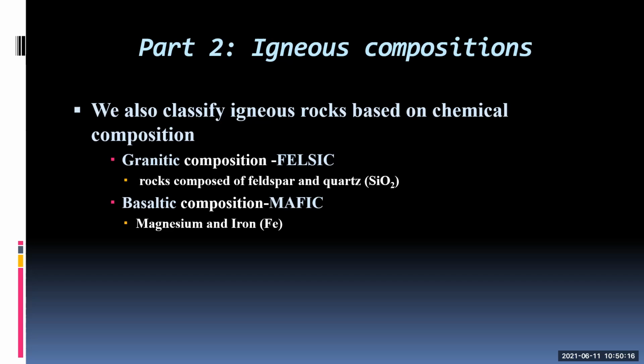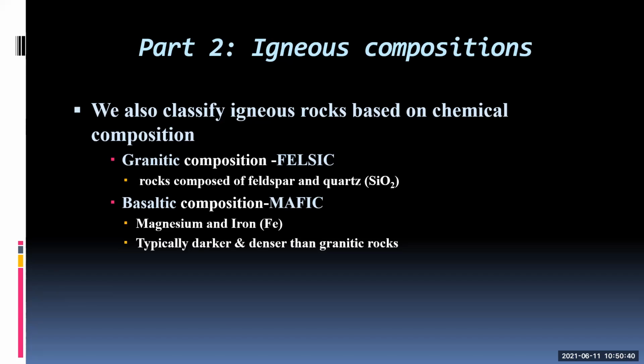However, for mafic materials, as we discussed, they have a whole bunch more magnesium and iron, thus that term mafic. Typically, because of these iron-rich and magnesium-rich materials, they are going to be darker, and they're also going to be more dense.